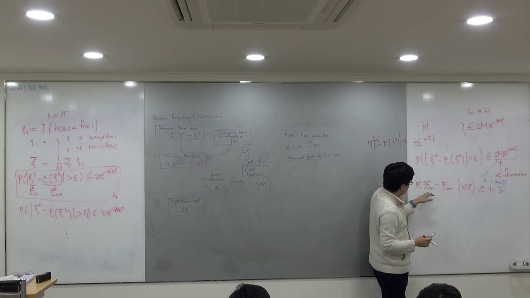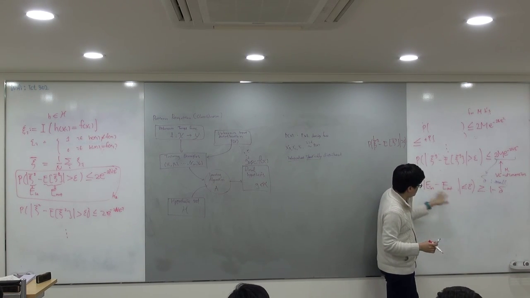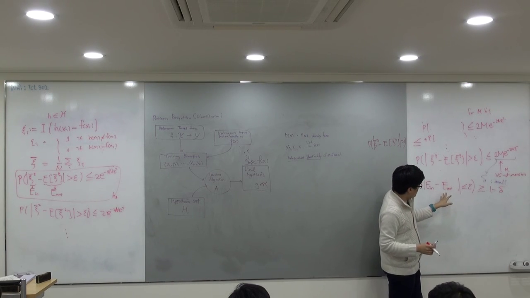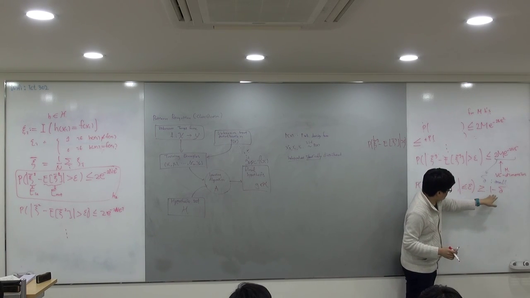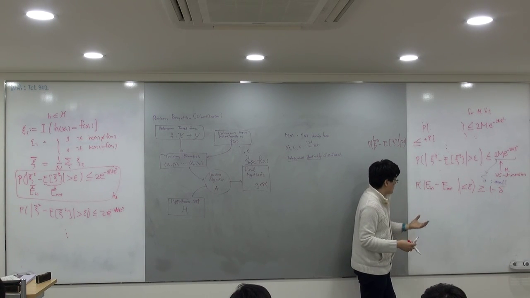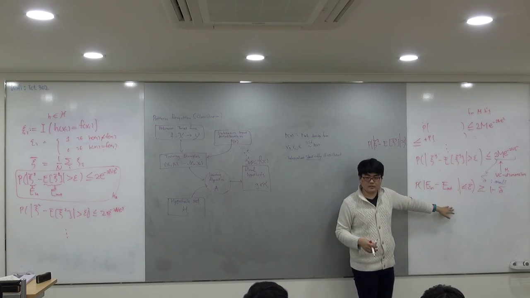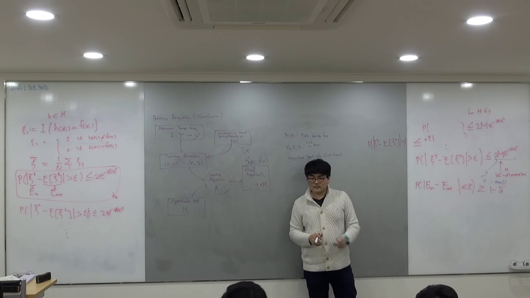The probability that the difference between training and test error is smaller than epsilon is larger than 1 minus delta, and delta is small. So this is a desirable situation. Most of the time, you will get this situation. So it's a very good inequality.